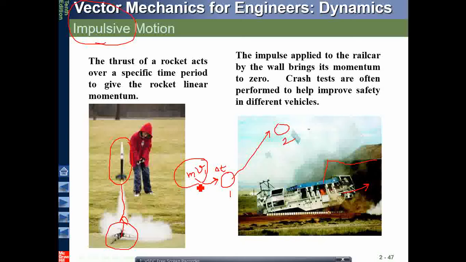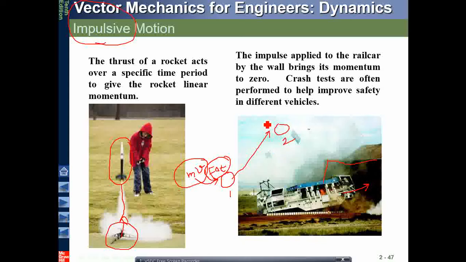So you put a momentum here, and the force with which it is applied is called an impulsive force, and we say the impulsive force is F delta t. Due to the impulsive force and the momentum, this football changes its position from location 1 to location 2.